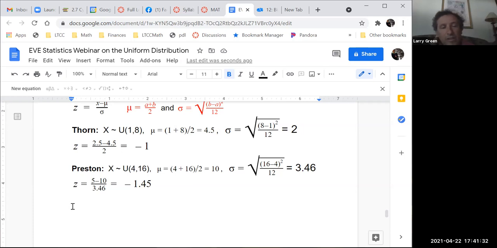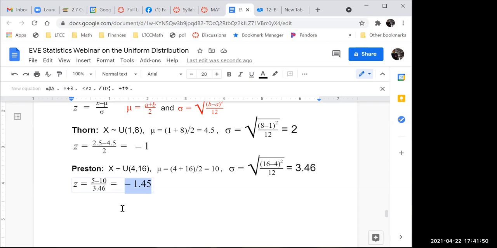So who is more unusual? So look at the z-values. We got a z of negative 1 for Thorne and a z of negative 1.45 for Preston. So who's, Preston. Yeah, Preston is more unusual.